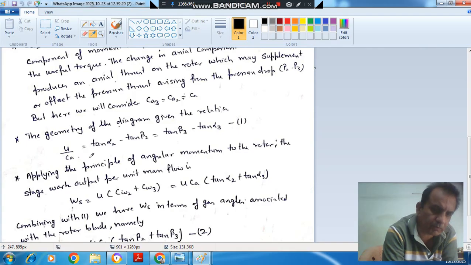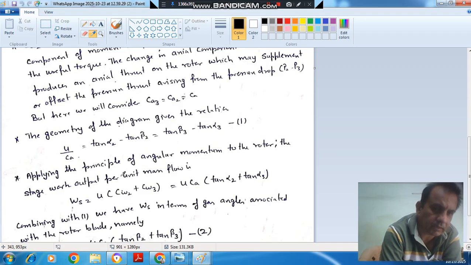So U by CA will be equal to tangent alpha 2 minus tangent beta 2, and it is also equal to tangent beta 3 minus tangent alpha 3. Okay. Whereas in case of compressor it was plus, U by CA was tangent alpha 2 plus tangent beta 2, equal to tangent beta 2 plus tangent alpha 2. But here in this case it is minus.